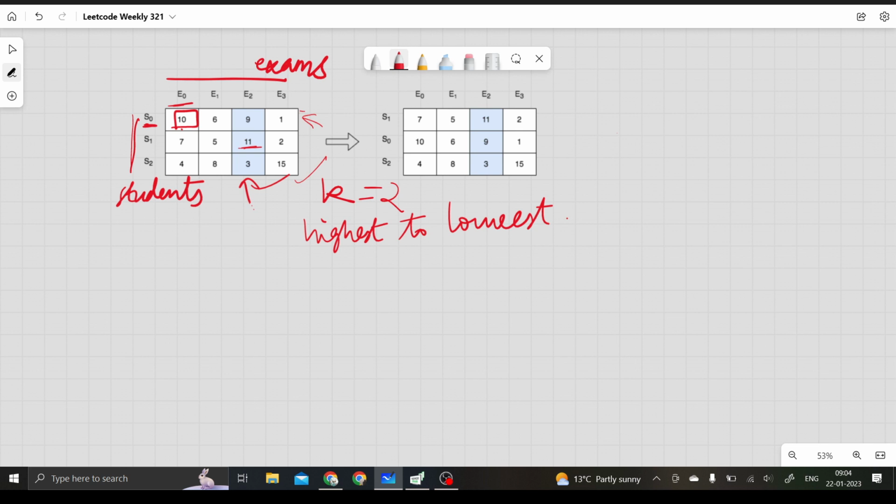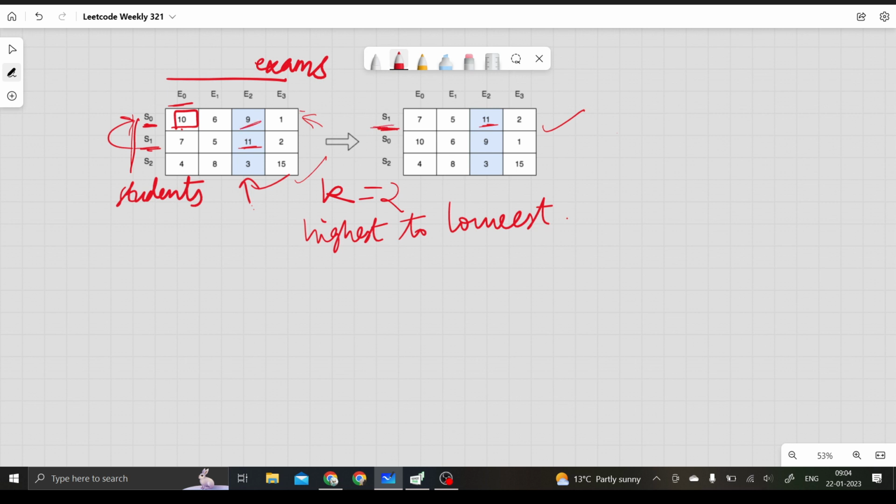That means this S1 row should move here. Student 1 should come first because in the E2 exam he has scored the maximum.